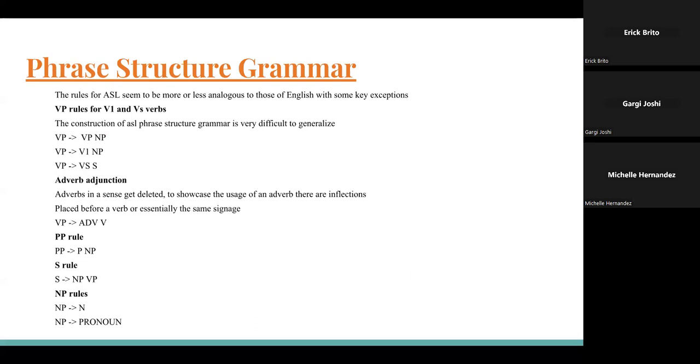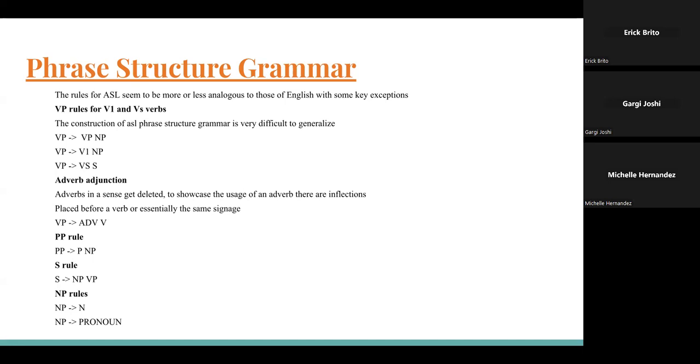So based on the examples that we did above, we came up with phrase structure grammar rules that seem to befit the examples. The first one is VP rules with a transitive verb and a sentential complement verb, like the first example.